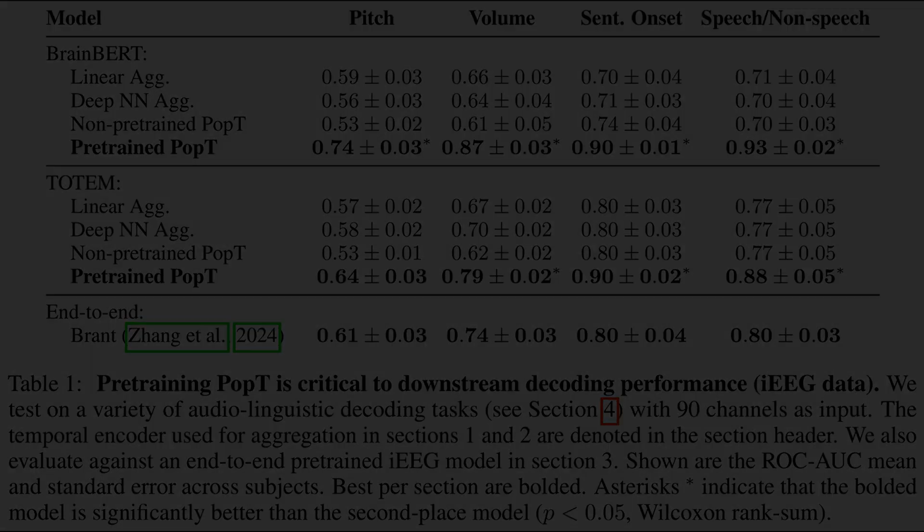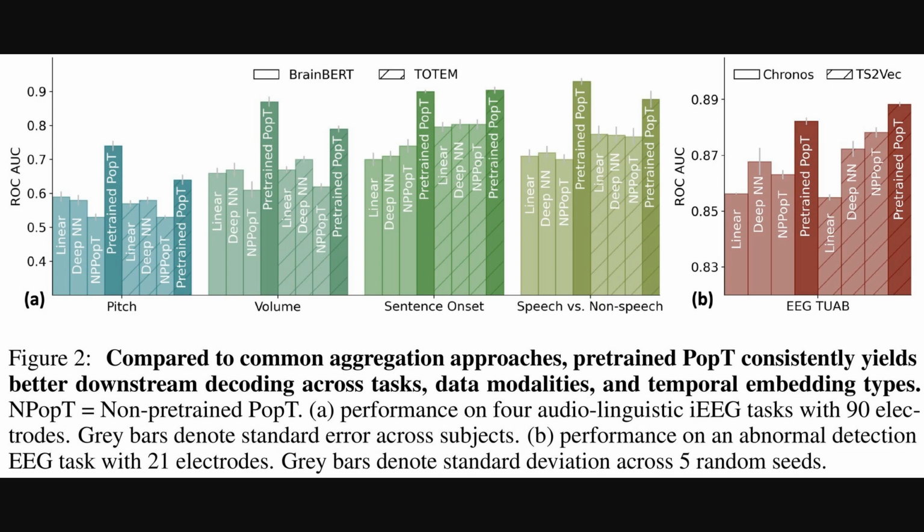Building on those strong numbers, this figure really visualizes the performance differences. Panel A shows how different methods, like simpler linear or deep neural network aggregation approaches and the non-pre-trained population transformer, compare to the pre-trained population transformer on those audiolinguistic tasks using intracranial electroencephalography data.